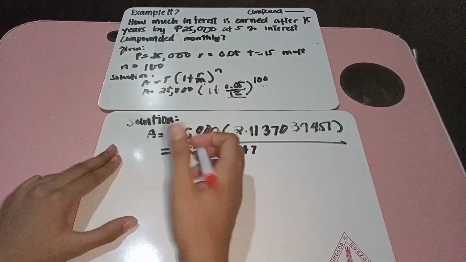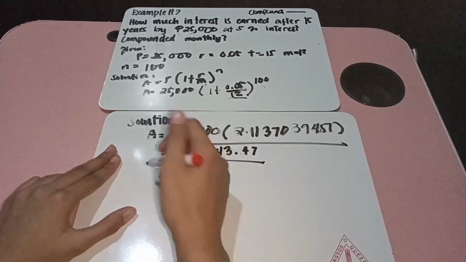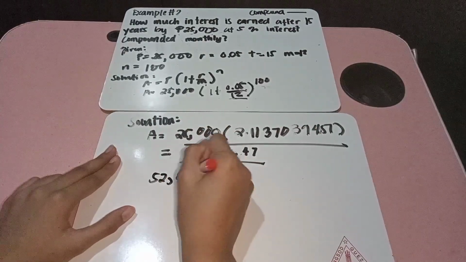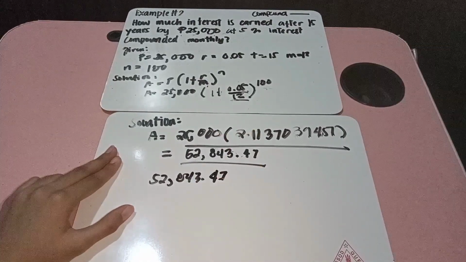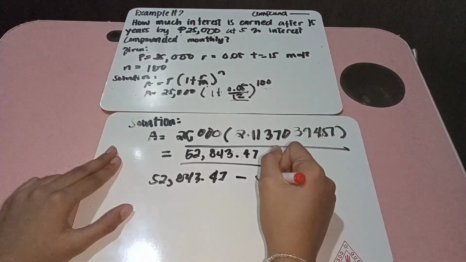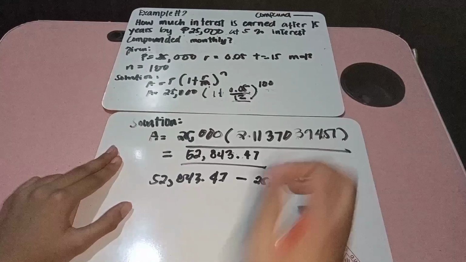So, ipagmaminus pa natin ang 52,843.47 minus 25,000 is equals to.